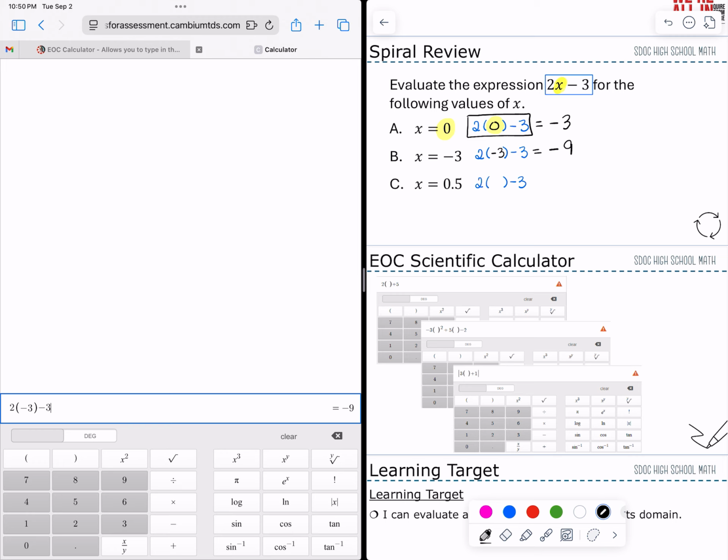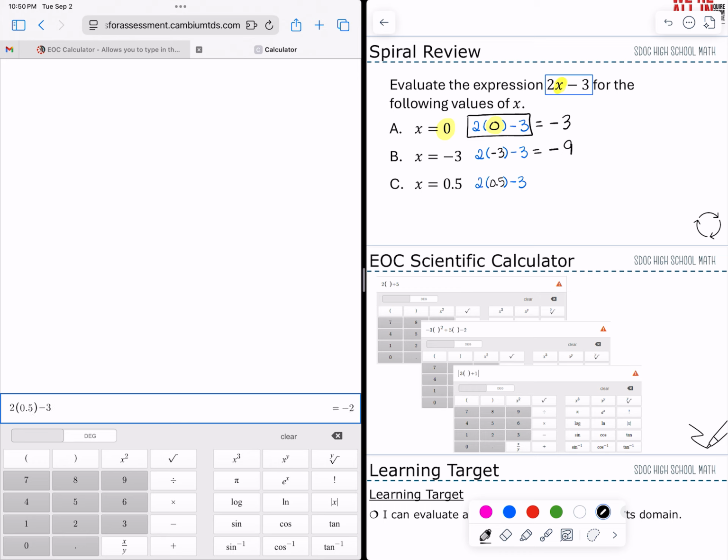Since we're doing the same equation this third time, but now all we're substituting in is 0.5, you don't actually have to clear the entire equation. You can just take your cursor over to what's in the parentheses, delete negative 3, and in place of that, put 0.5 for substitution.